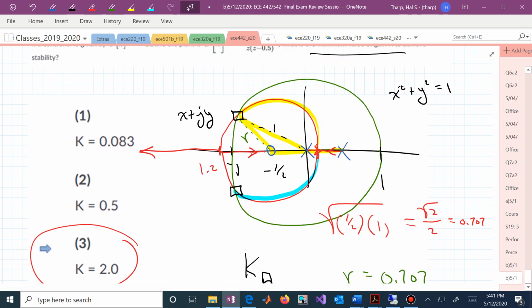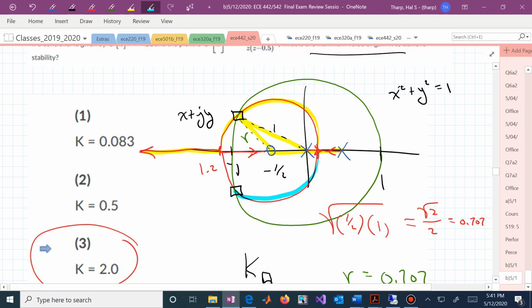Now some people may have said, oh, I know that the maximum gain value is always at -1. No, that's not always the case, because here, once you exit the unit circle, one of those poles remains outside the unit circle. Let's just say it's this one.